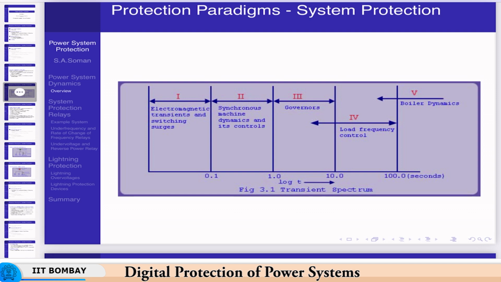And the last is, of course, the boilers. A boiler is a huge piece of equipment for larger synchronous machines, and the steam, etc., build-up will take a long time. So that is the slowest, in minutes or even hours sometimes. So our relays have to react at around the 100 millisecond mark.